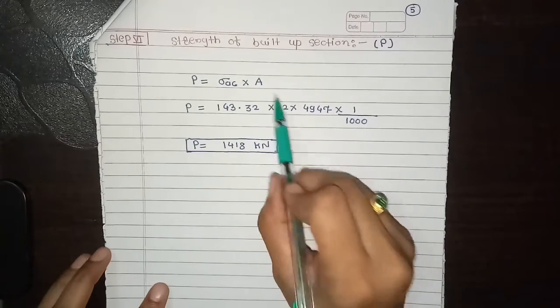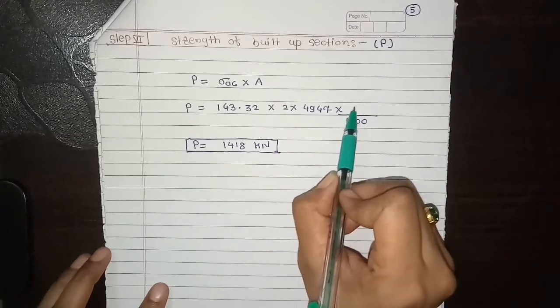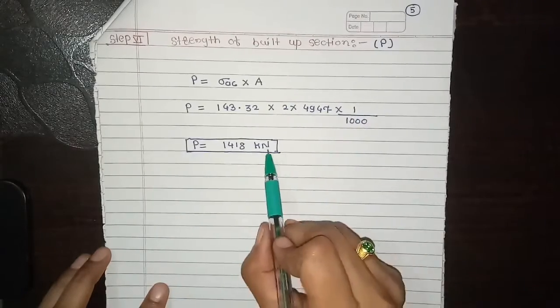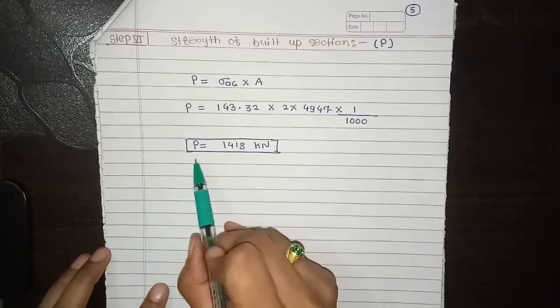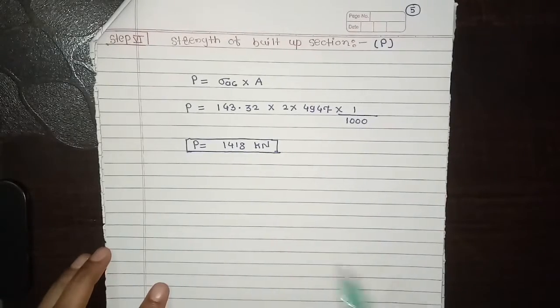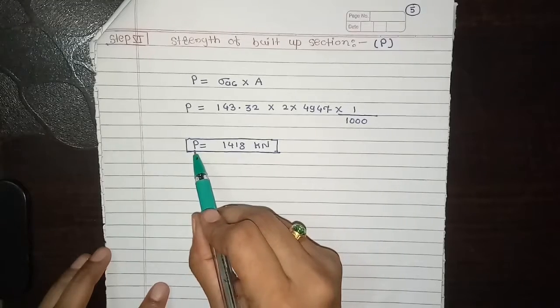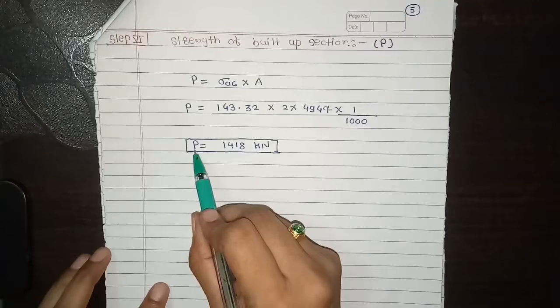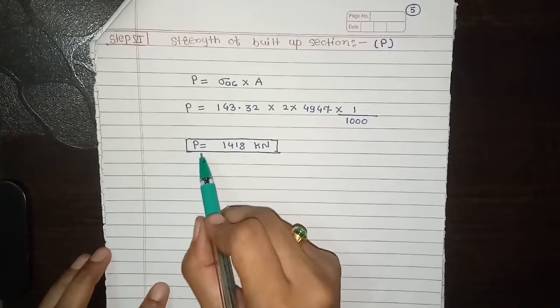So 2 into 4947 into 1 by 1000, Newton to kilonewton, then divided by 1000. So P is equal to 1418 kilonewton. This is the strength of the built up section for the first condition, if they are placed back to back.